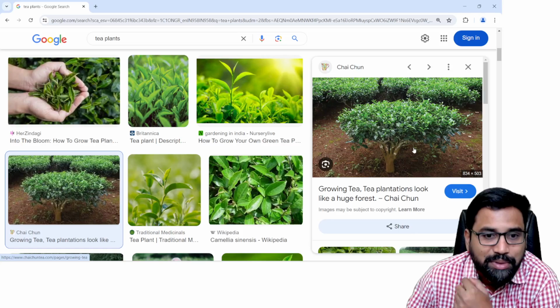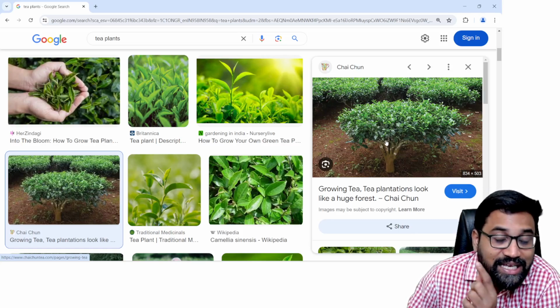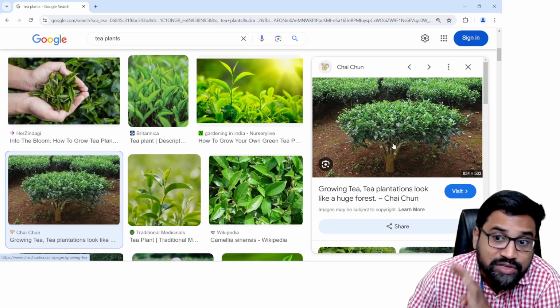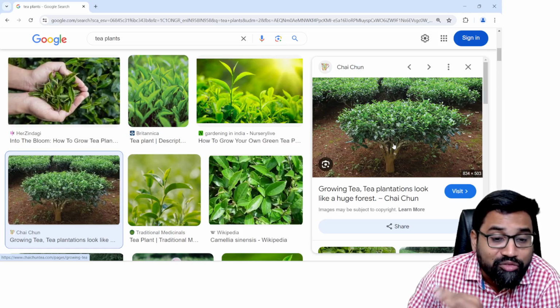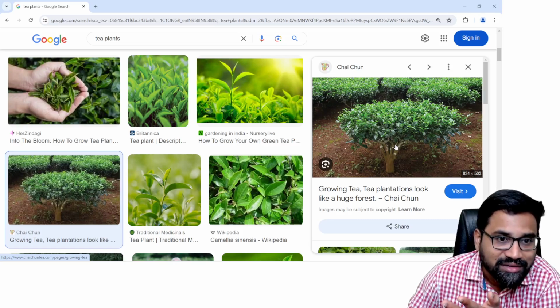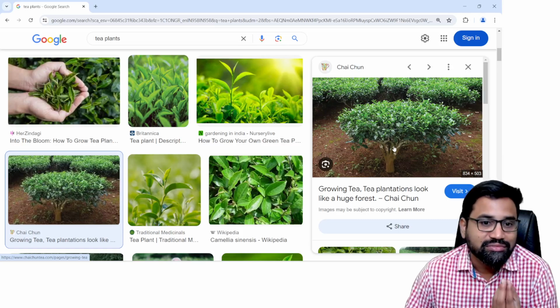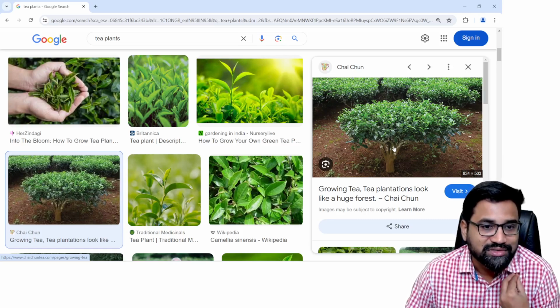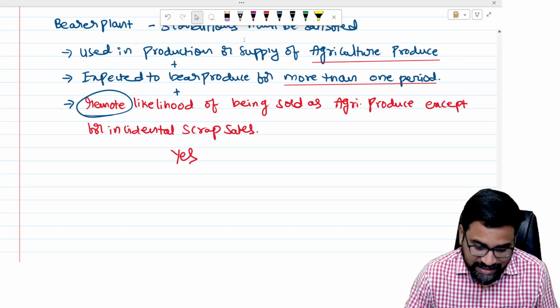It is a bearer plant. Why? Because this plant is giving tea leaves. Tea leaves are agriculture produce, it gives produce for more than one period, and there is a remote likelihood of it being sold as agriculture produce. This tea plant cannot be cut down and sold. Once all the leaves are plucked, in the next season it will again give the leaves, the agriculture produce. So tea plant is one example.